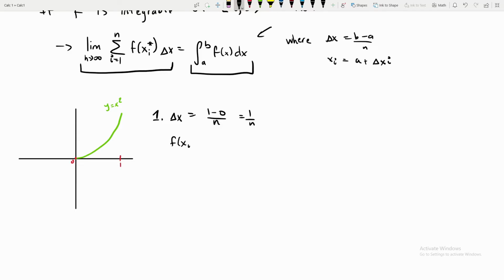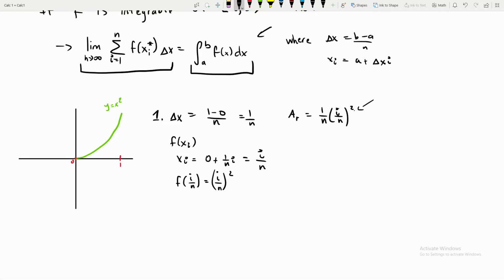So it was the function evaluated at xi, and xi in this case corresponds to 0 plus the width of each rectangle times i, the index of the rectangle. So it was equal to i over n. And we would get this formula that the area of the specific rectangle was 1 over n times i over n squared, because f of xi was going to be i over n squared.